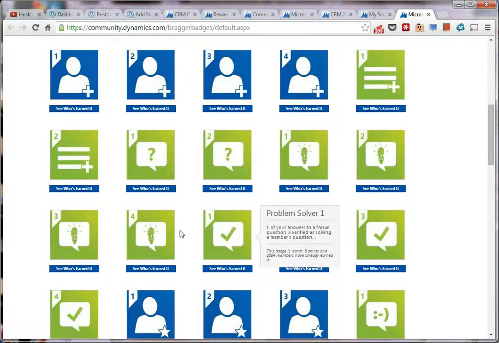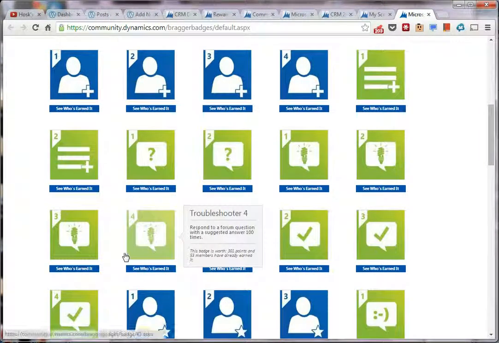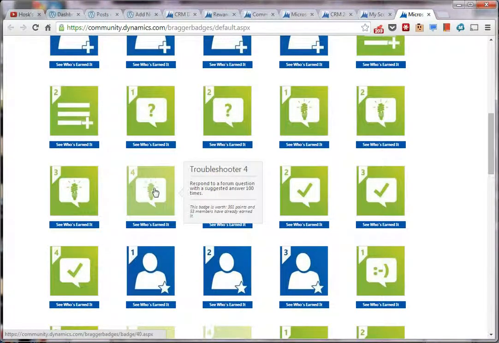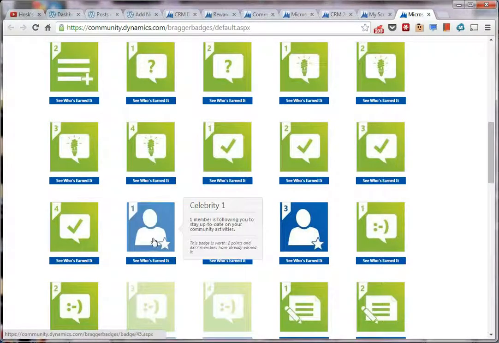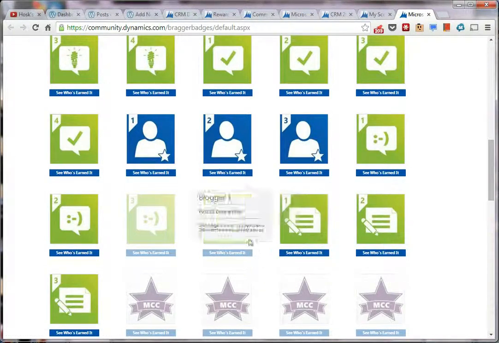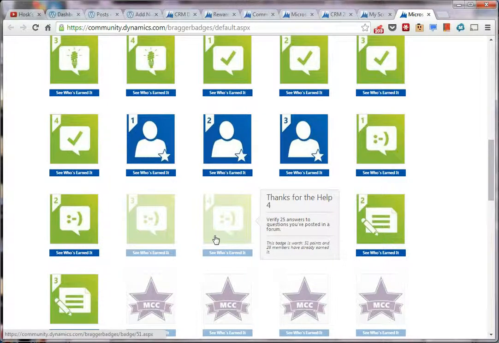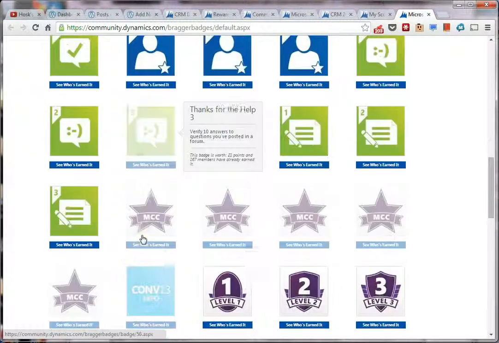For number 4, you need to answer 100 forum questions, or suggest an answer for 100 forum questions. And then you've got celebrity, which is for people following you. If you post questions and you verify the answers, then you'll also get a badge.